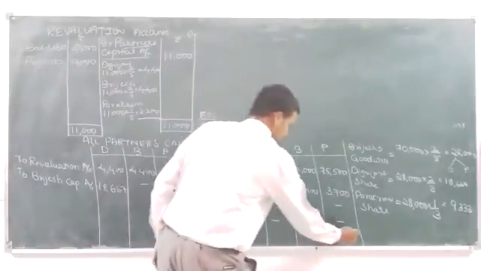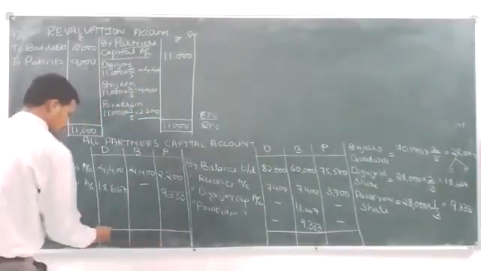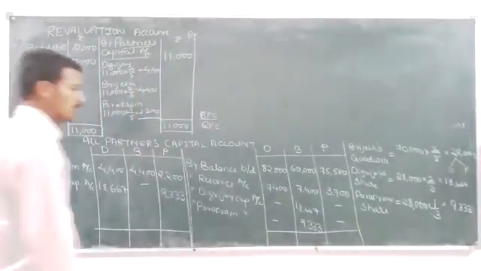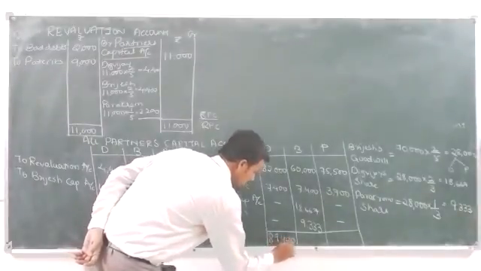Now, once you finish this, take the total. The first total is 89,400.